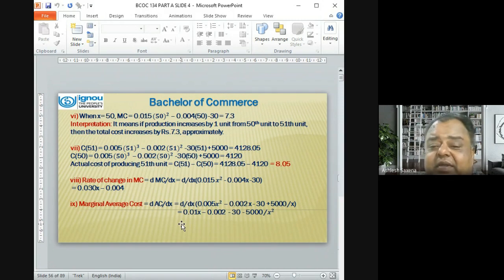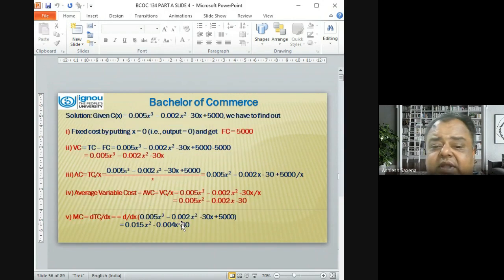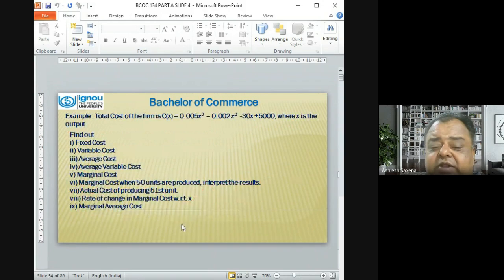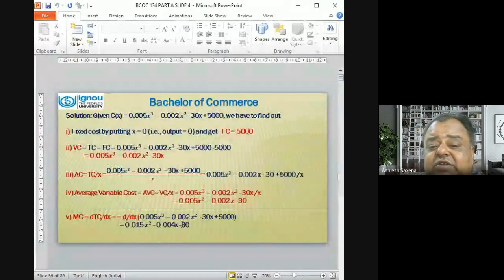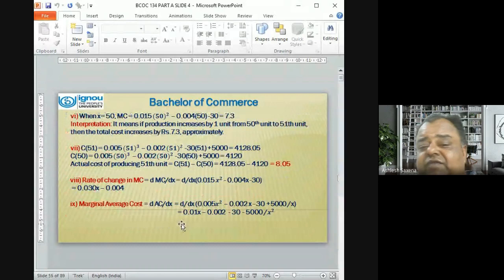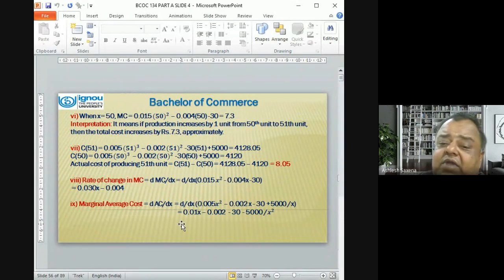Then you have to calculate the seventh part, the actual cost of producing the 51st unit. So first you have to calculate the cost of 51 units in the original function. Replace x by 51.